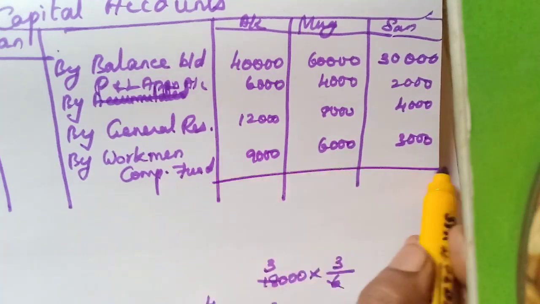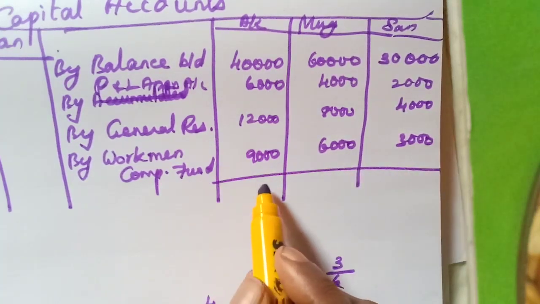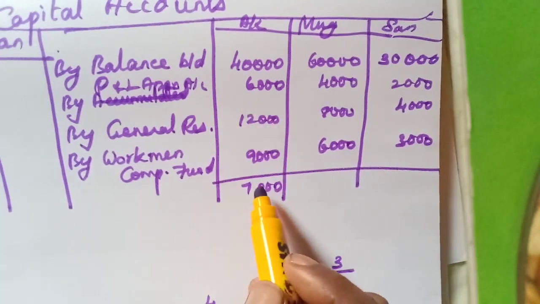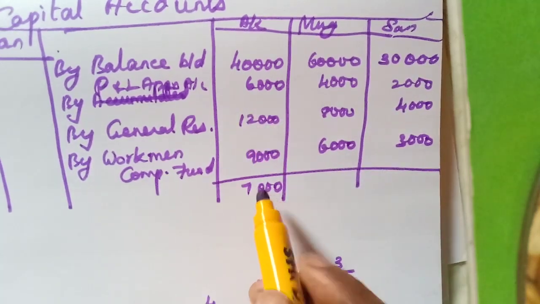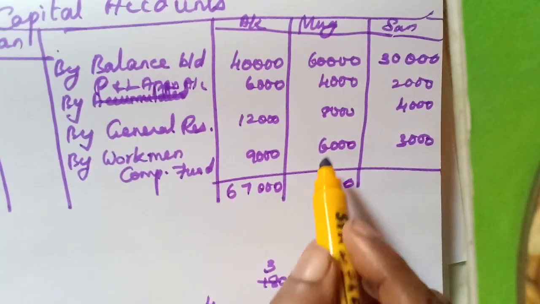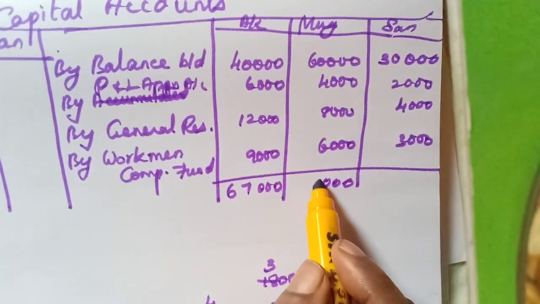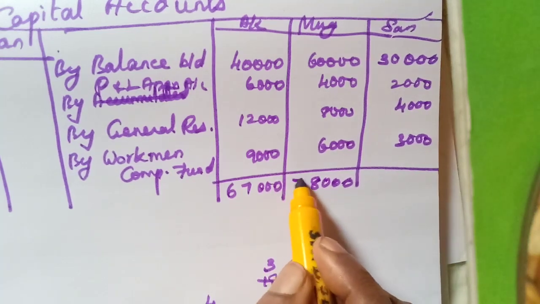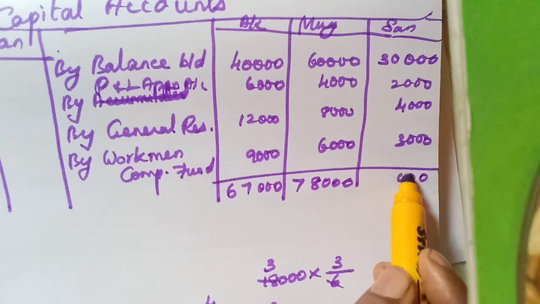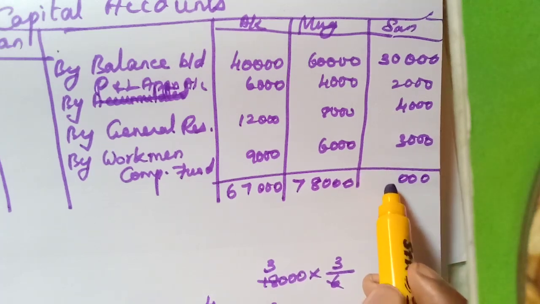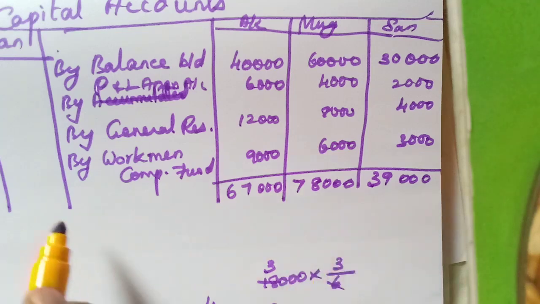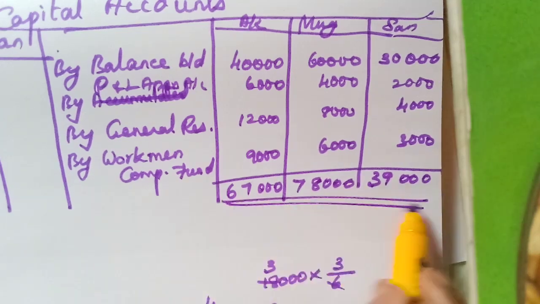Now we will add and write the amounts. 3, 0, 8, 17. Balance 1, 6, 18, 78,000, 7, 9, 13. Then draw a double line.